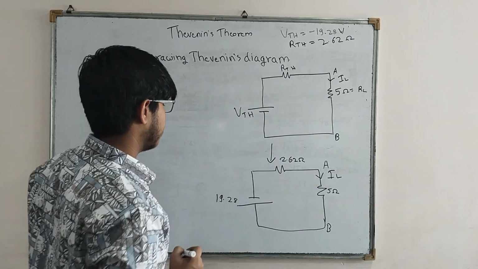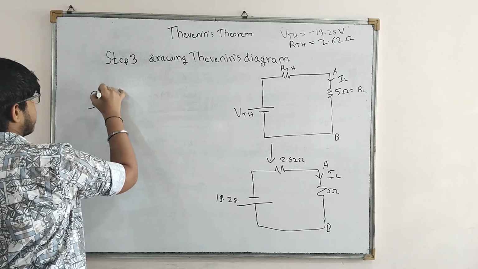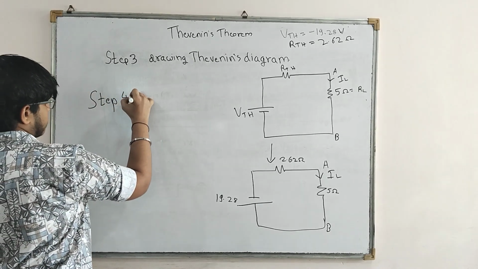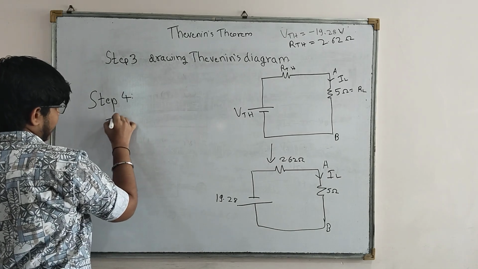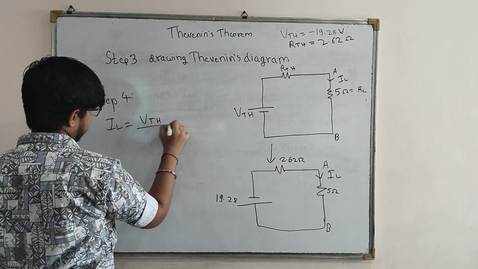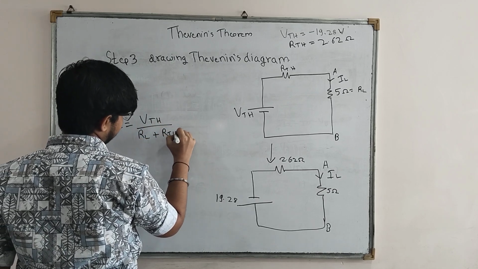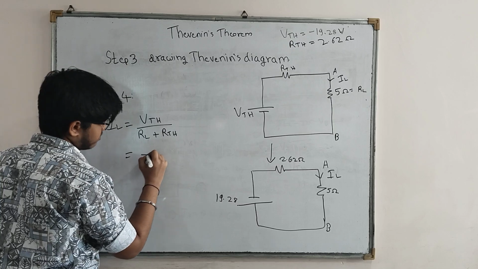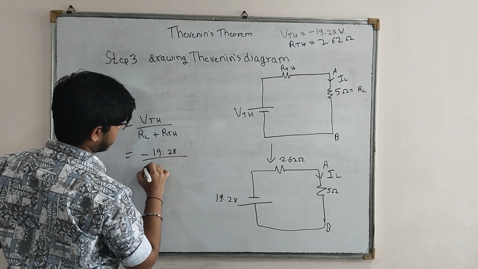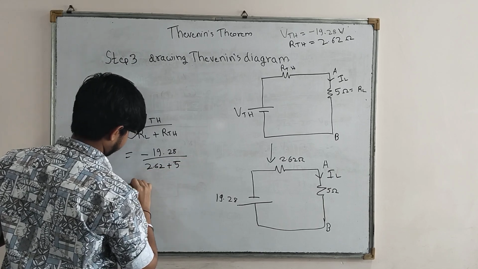So now let's use our formula, that will be our step 4. The formula is IL is equal to VTH whole divided by RL plus RTH, which turns out to be minus 19.28 whole divided by 2.62 plus 5.